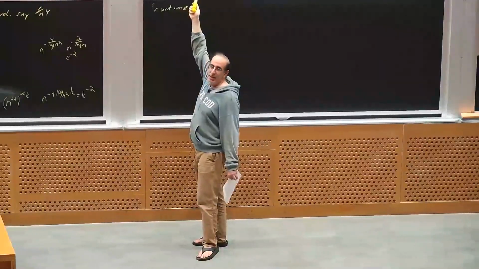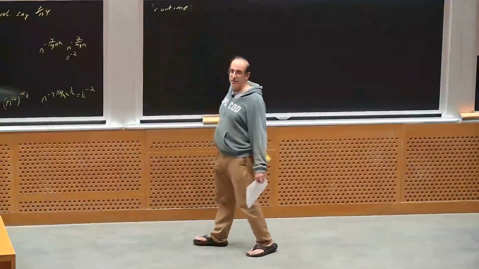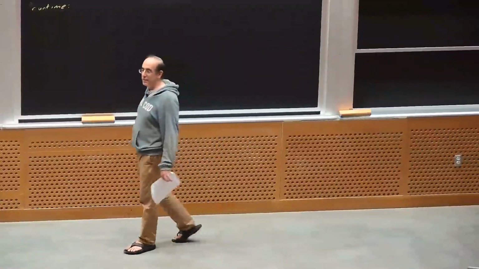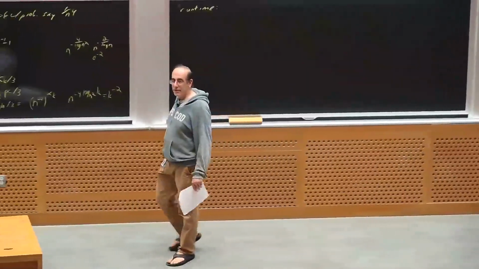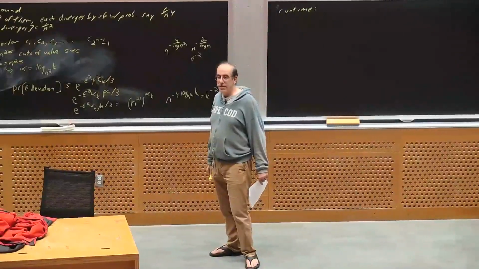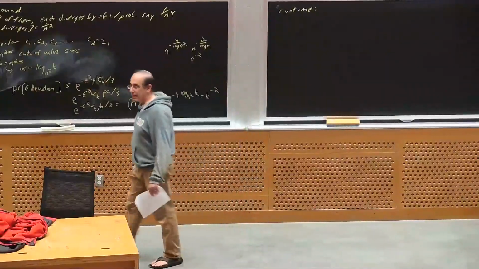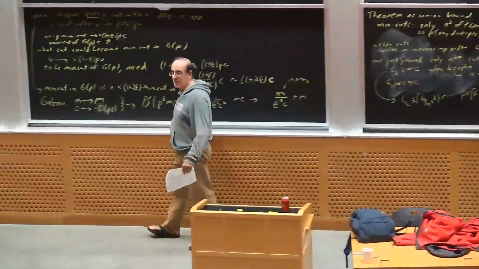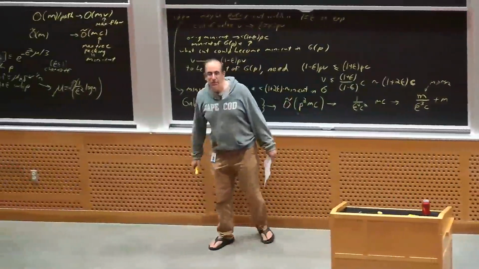What's the runtime in each subgraph? We already worked this out, right? Because each subgraph is just a sample. So I'm just asking what's the runtime of the algorithm in G of p?